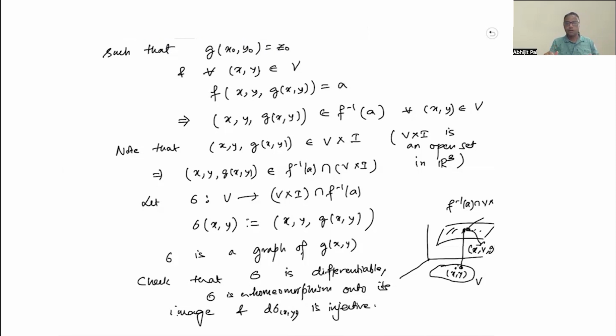Once we have expressed this sigma as a graph of a function, this T sigma will automatically be injective. So this we have already done.